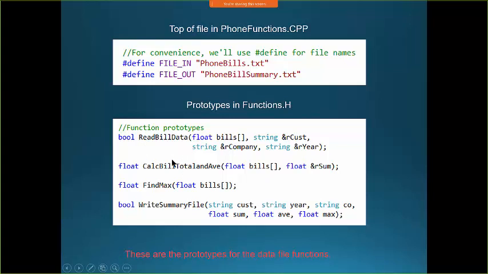So one of the ways you can figure out what's going on, just from looking at function prototypes, is whenever you see a lot of references or pointers, okay, this is really producing information and returning it back to the calling function. When you see a lot of passing by value like this, oh, that one's just using the information, but it's not actually producing anything.